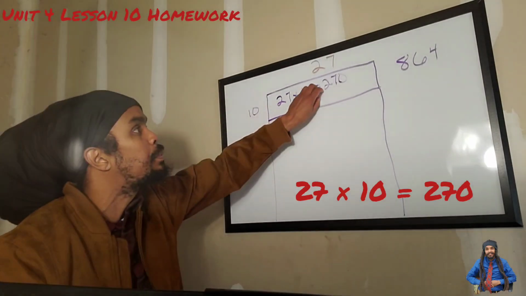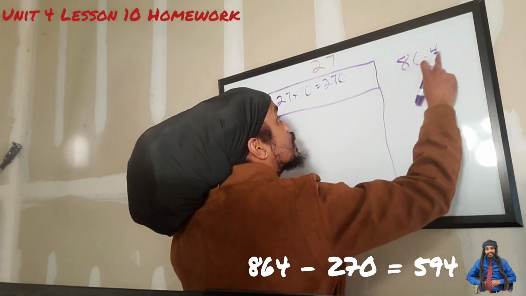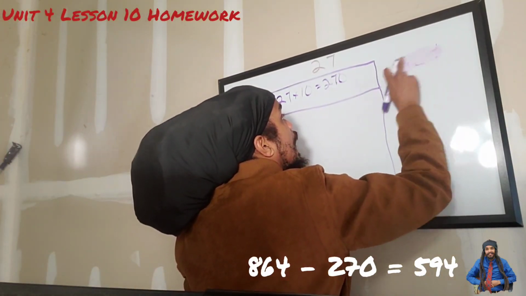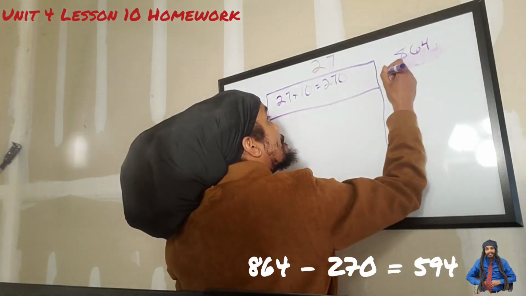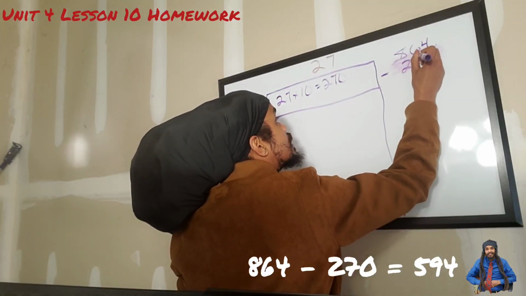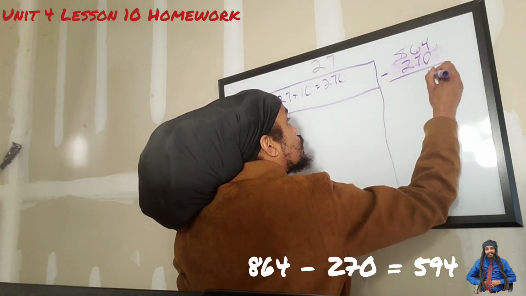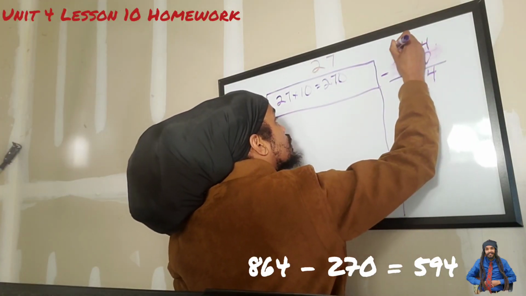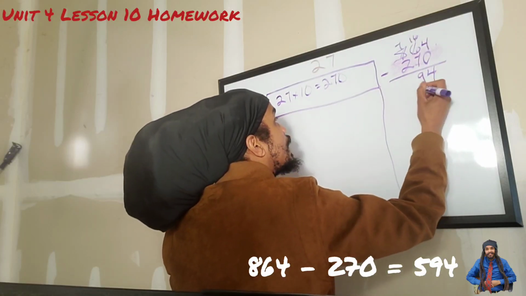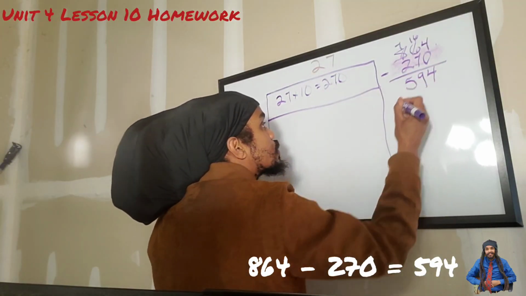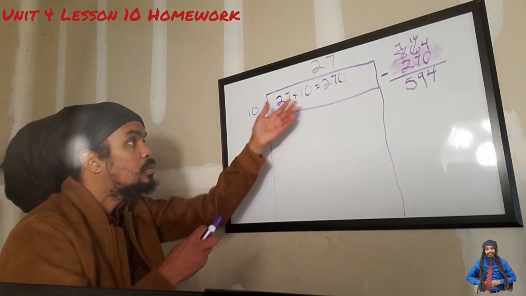We just took a 10 piece out of this whole thing. 864 minus 270 equals 594. That's how much we got left.